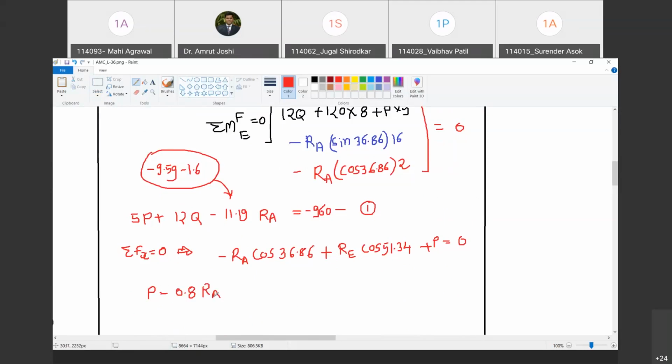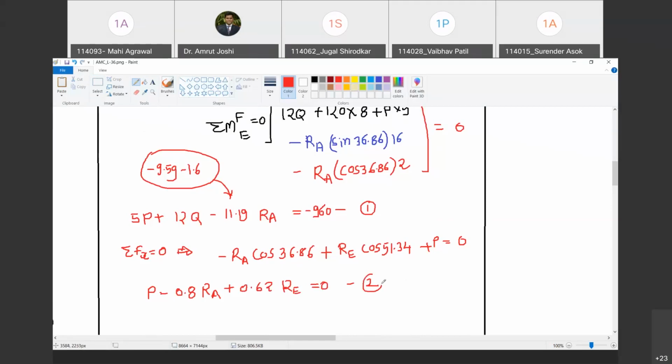Happy? Plus, what is the value of cos 51.34? 0.62. 0.62 times RE. This has to be equal to 0. This is the second equation.